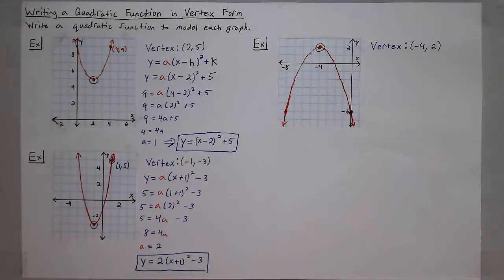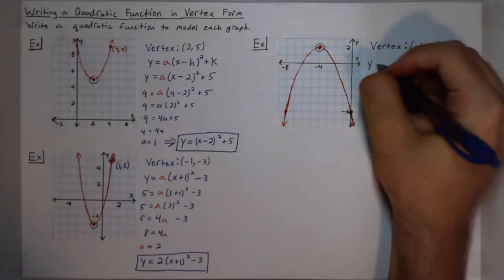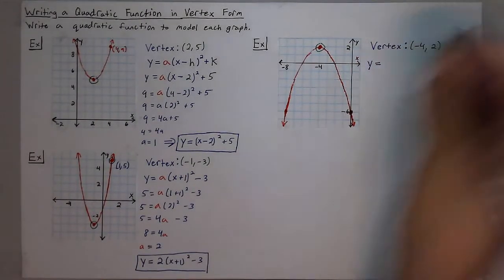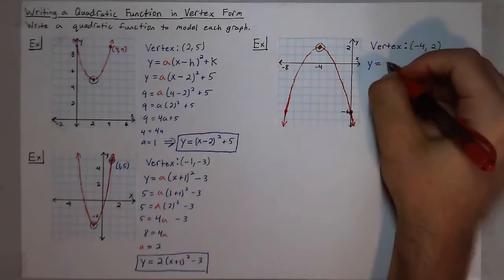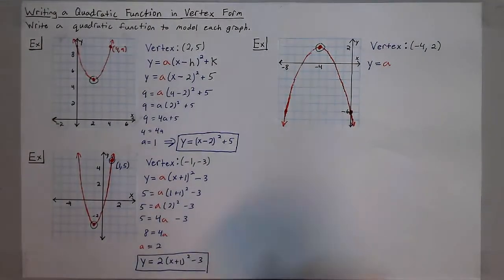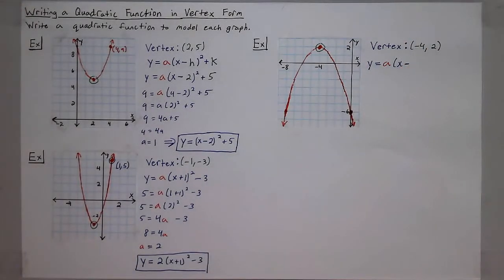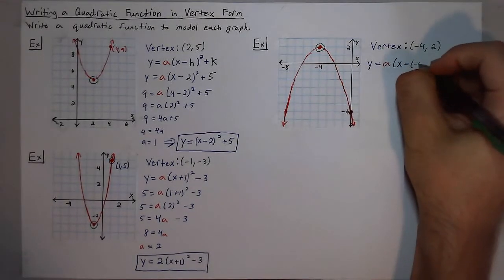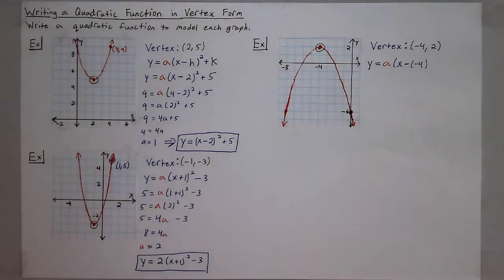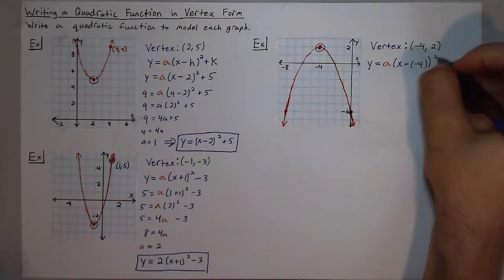When I go to write my parabola, I don't know what a is yet, so I'll just keep it as a. And I'll have x minus h, and this time I'll show you what happens with that negative, because it's x minus negative 4 squared plus 2.